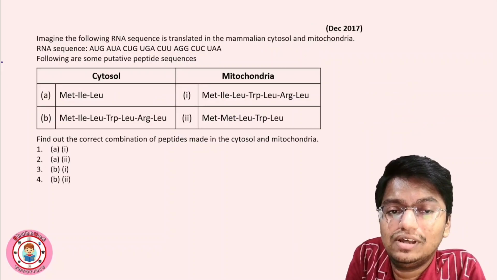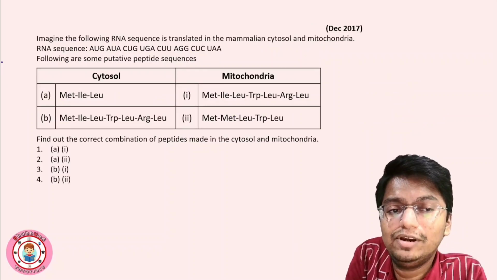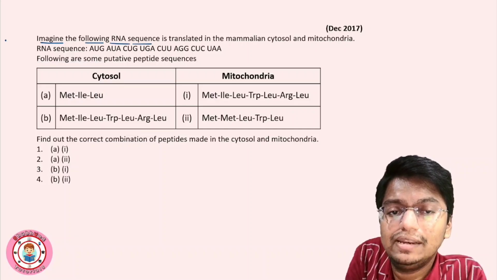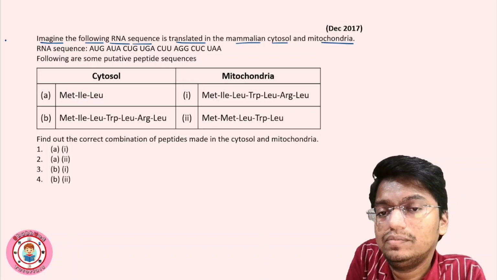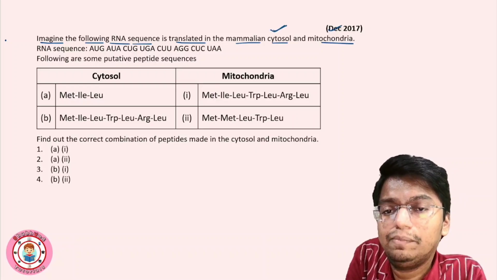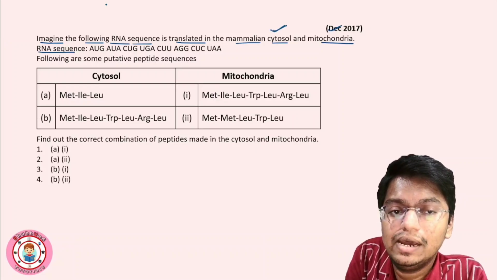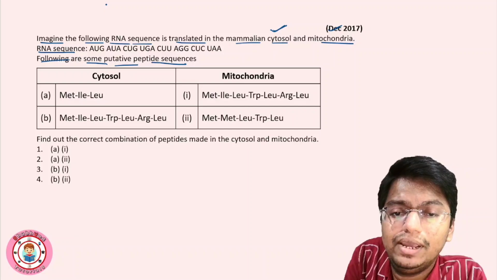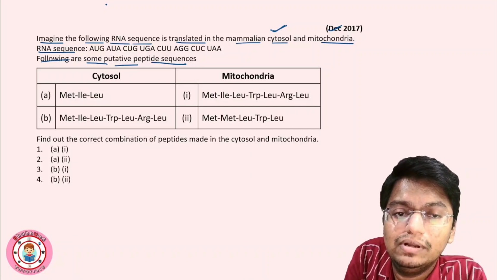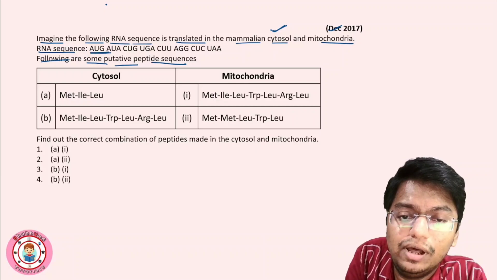Next question again. This is a little bit complex, you can say. Imagine the following RNA sequence is translated in the mammalian cytosol and mitochondria. Okay, we have to look at the cytosol as well as the mitochondria. The RNA sequence is given. Following are some putative peptide sequences. Here the simplest to solve is AUG, again methionine. Methionine is present everywhere.